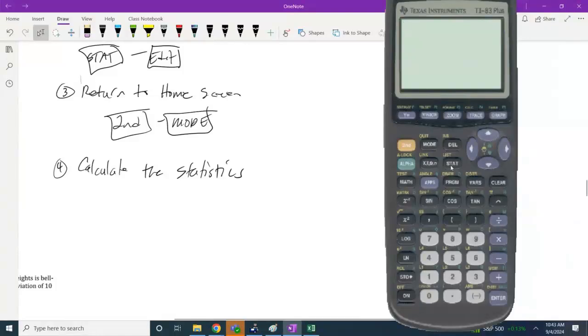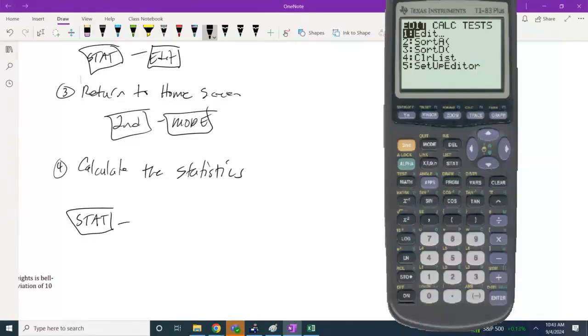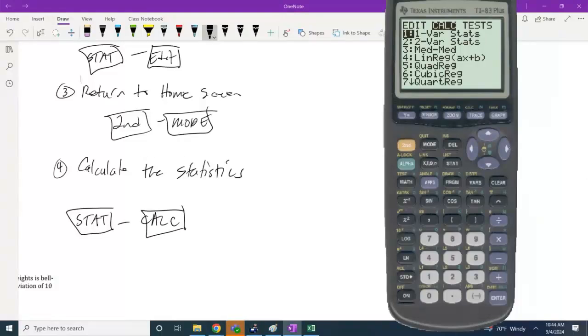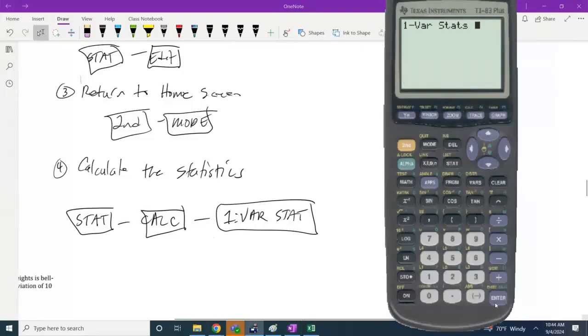I want to use the one variable statistics. So I want to use Stat, scroll over to Calc, choose one variable statistics, and hit enter.